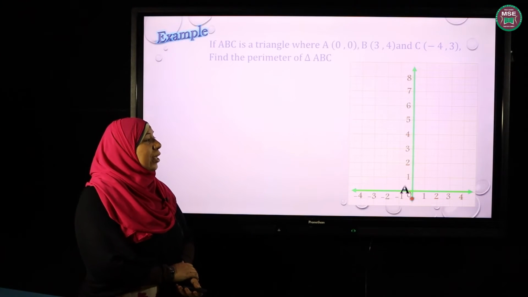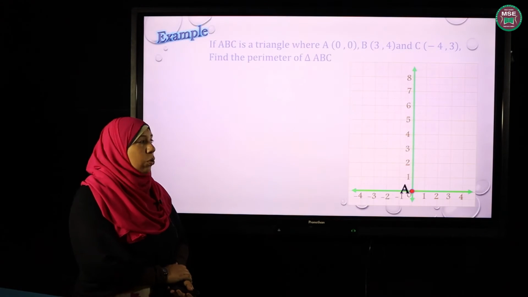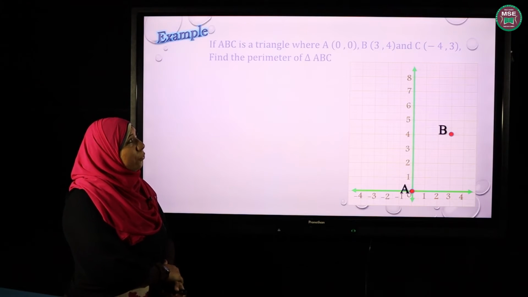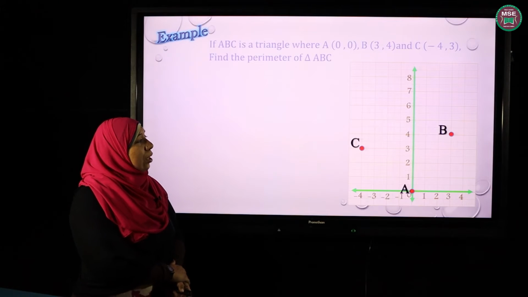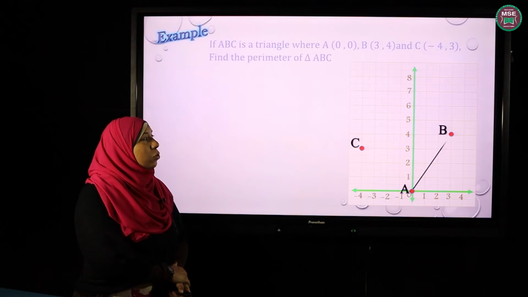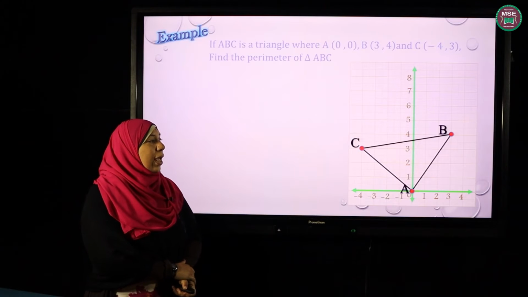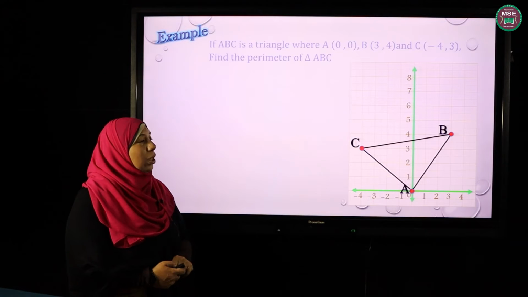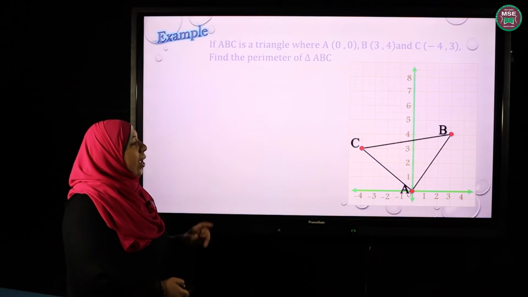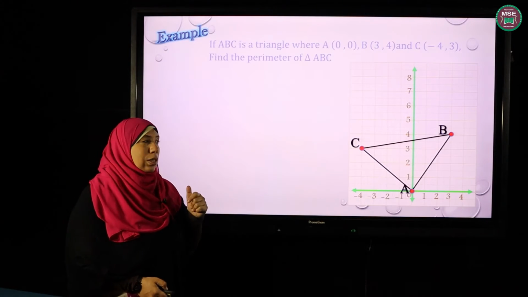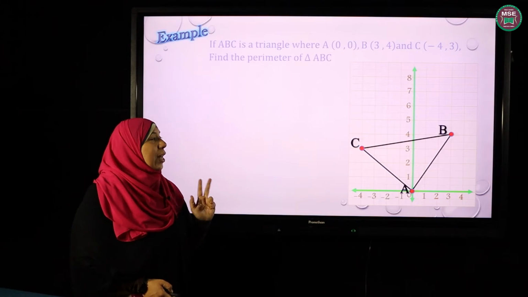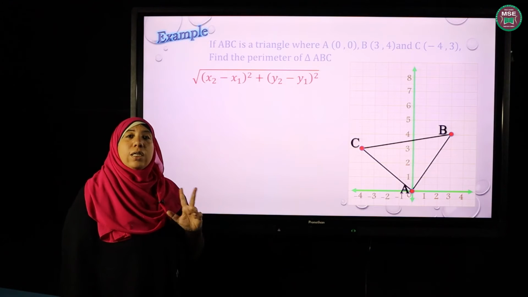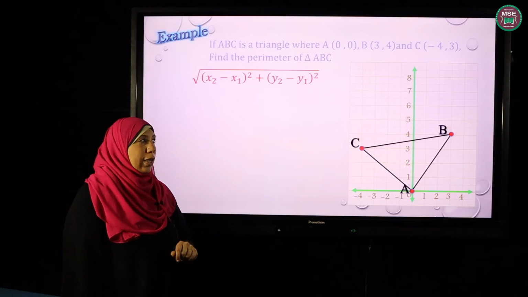To calculate its perimeter, I have to find the three sides: AB, BC, and AC. I have to use this rule 3 times to find the three sides of the triangle.